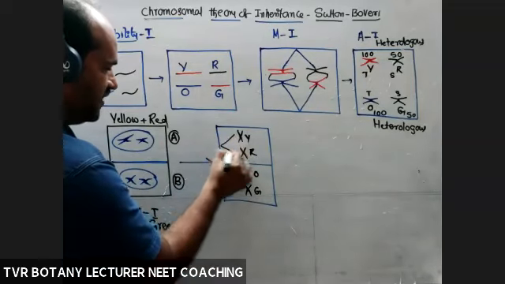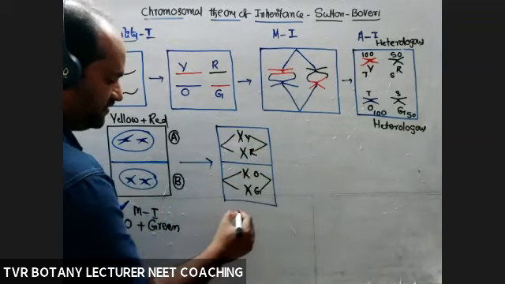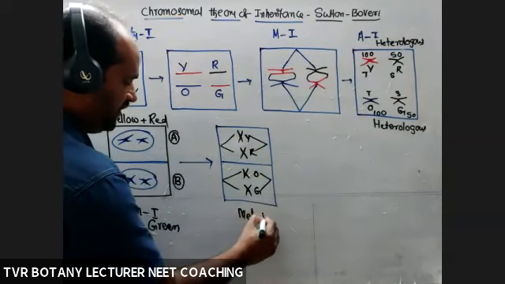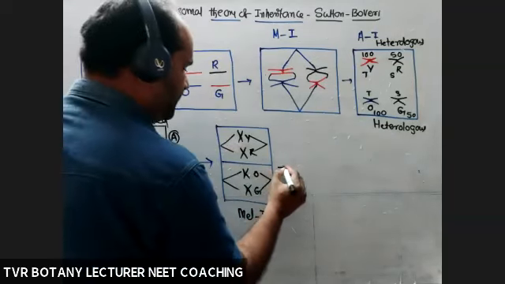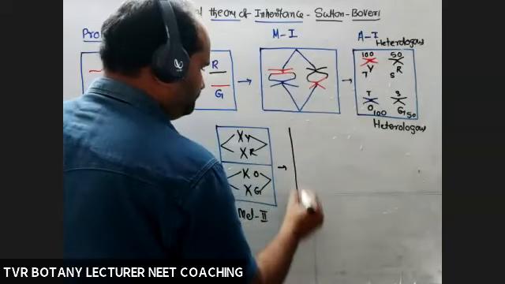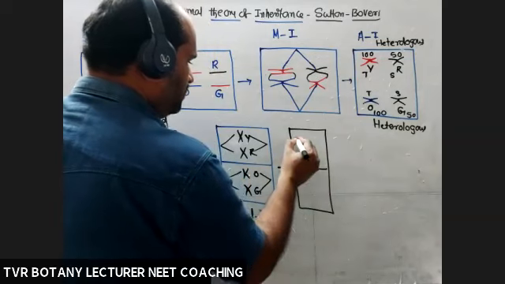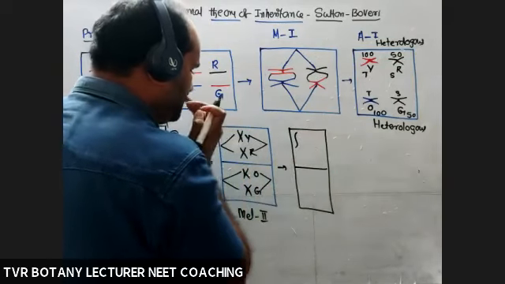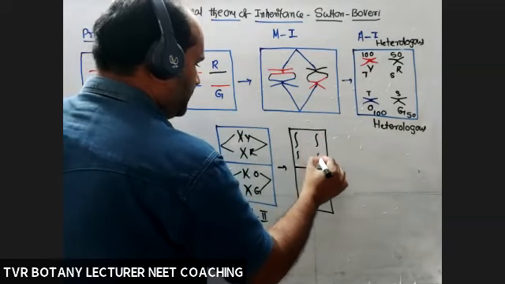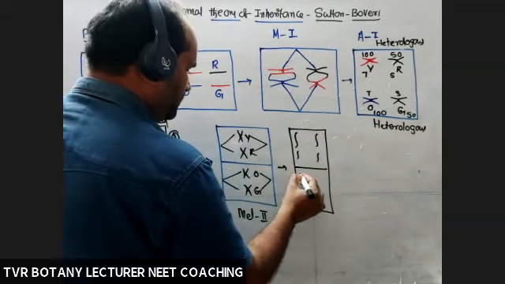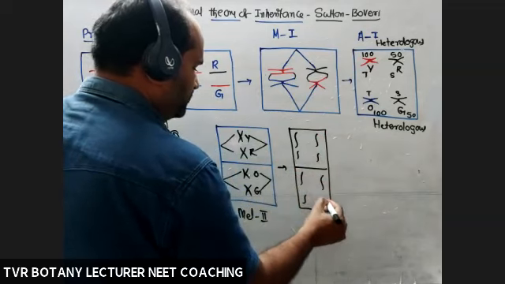Now formation of a bipolar spindle apparatus during phase 2. Now splitting of the centromere. So that leads to what? Yellow chromosome, red chromosome, yellow chromosome, red chromosome. Orange chromosome, green chromosome, orange chromosome, green chromosome.